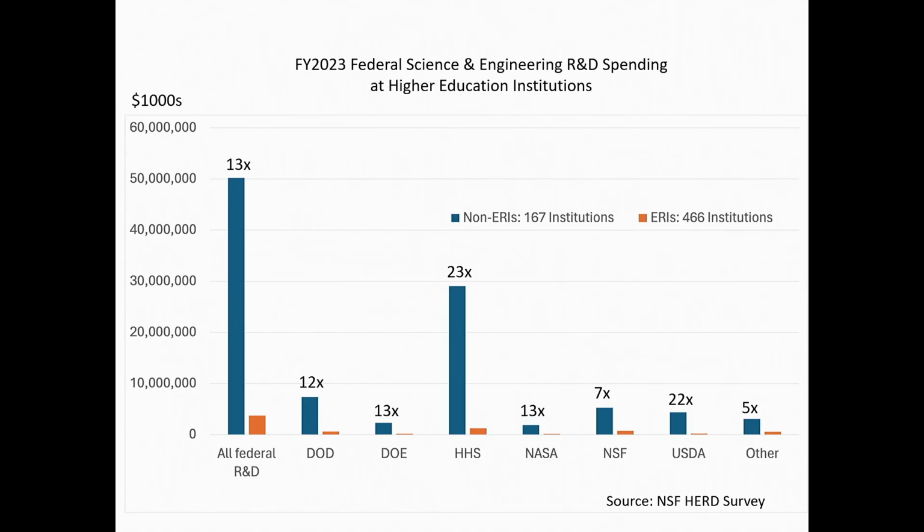It's actually 93% of all federal research funding this most recent year. And then you can look at the Department of Defense, it's 12 times, DOE 13 times, et cetera. And so that's our current state of play. The NSF is doing pretty well because they have such tremendous prioritization of being more inclusive in their research programs.